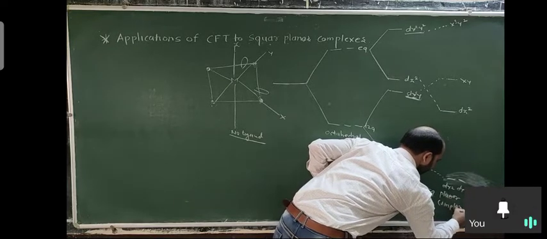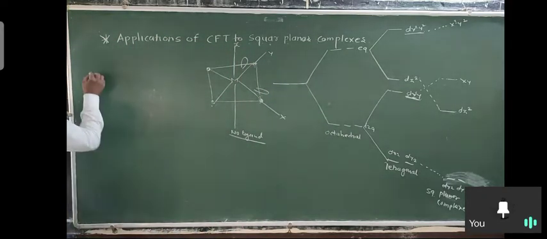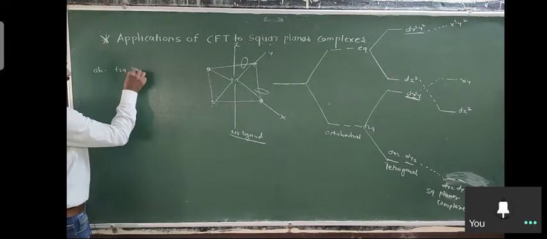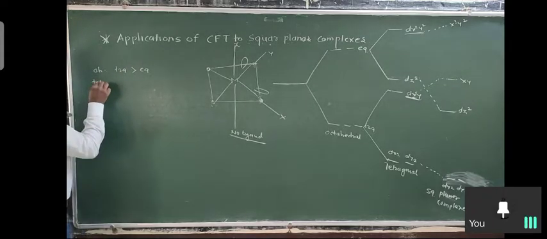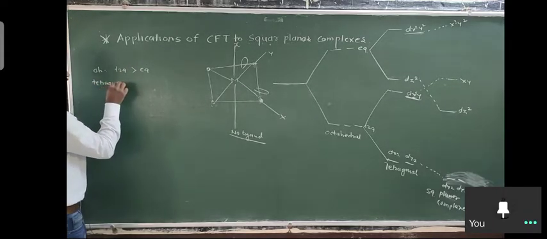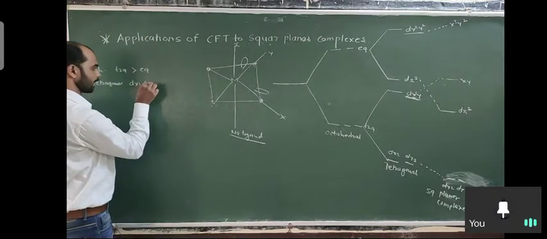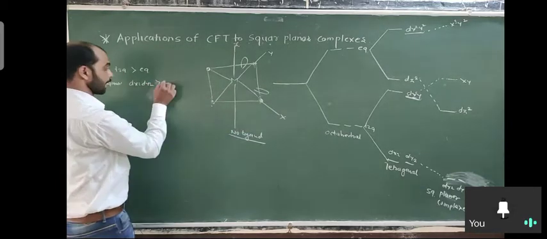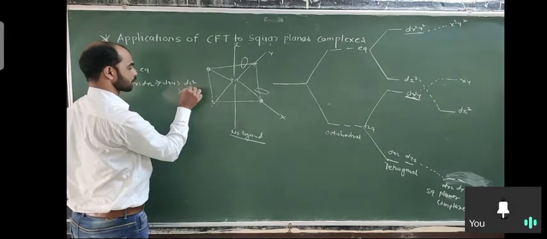Square planar complexes means how we write it: in an octahedral, T2g, then Eg. Okay, in a tetragonal, the lowest is dxz dyz, then dxy, then dz square, then dx square y square.